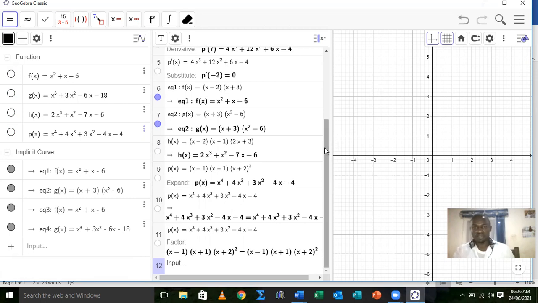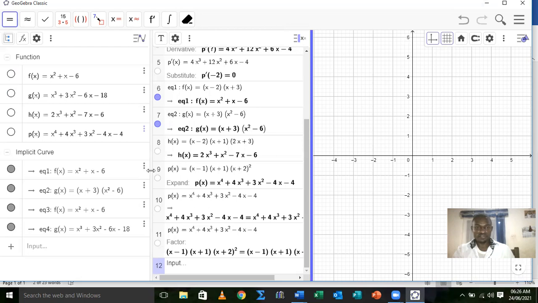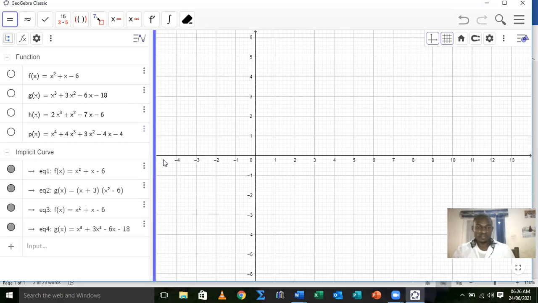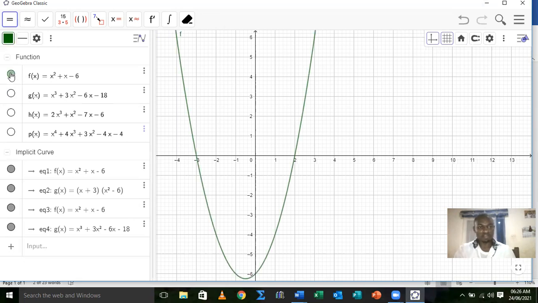Okay, please, what I am trying to illustrate is making us to see the functions of all these 4 examples. If I click on this, I bring the function, the polynomial function.